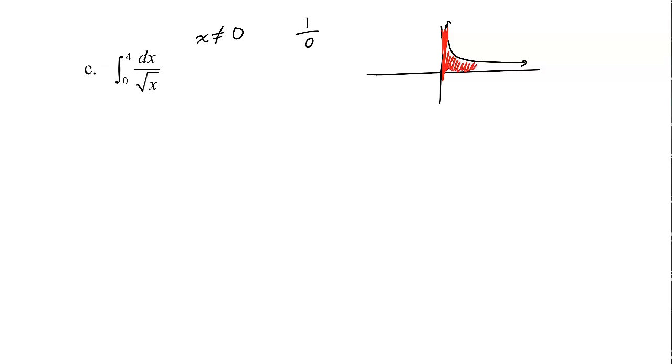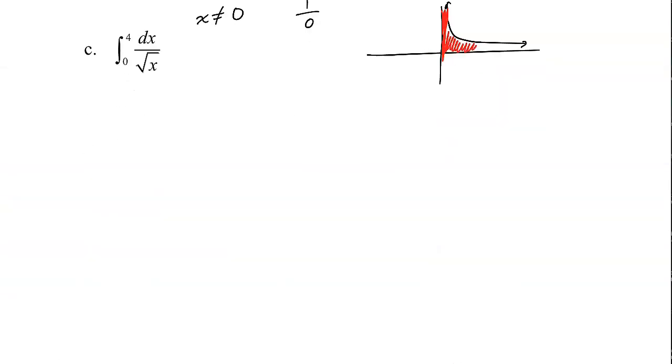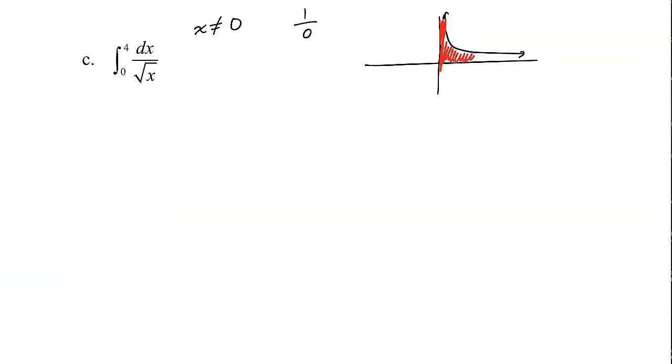Well, here, my lower bound is my issue, and I only want to approach it from one side, because if I just put the limit as a approaches 0, that would imply that a is approaching from both the left and the right. But because this is where my area is, I want to just approach from the right-hand side.